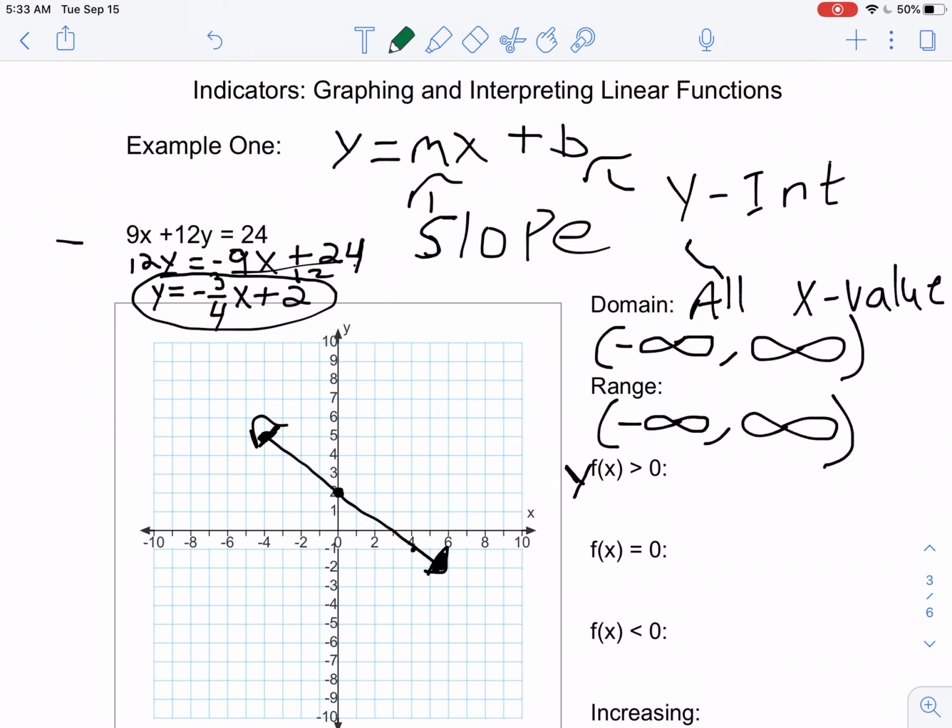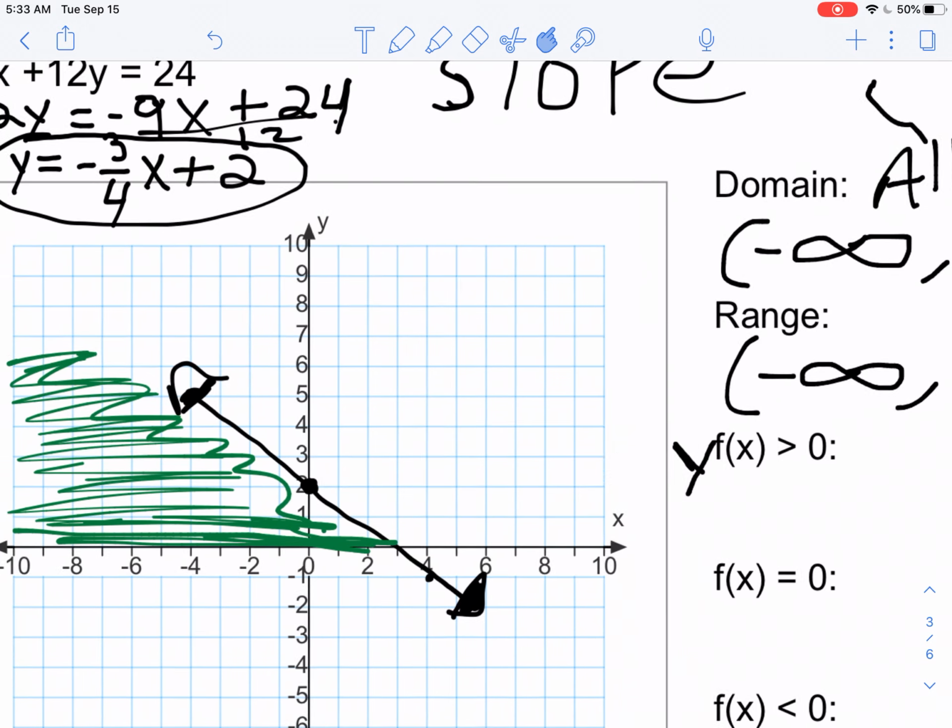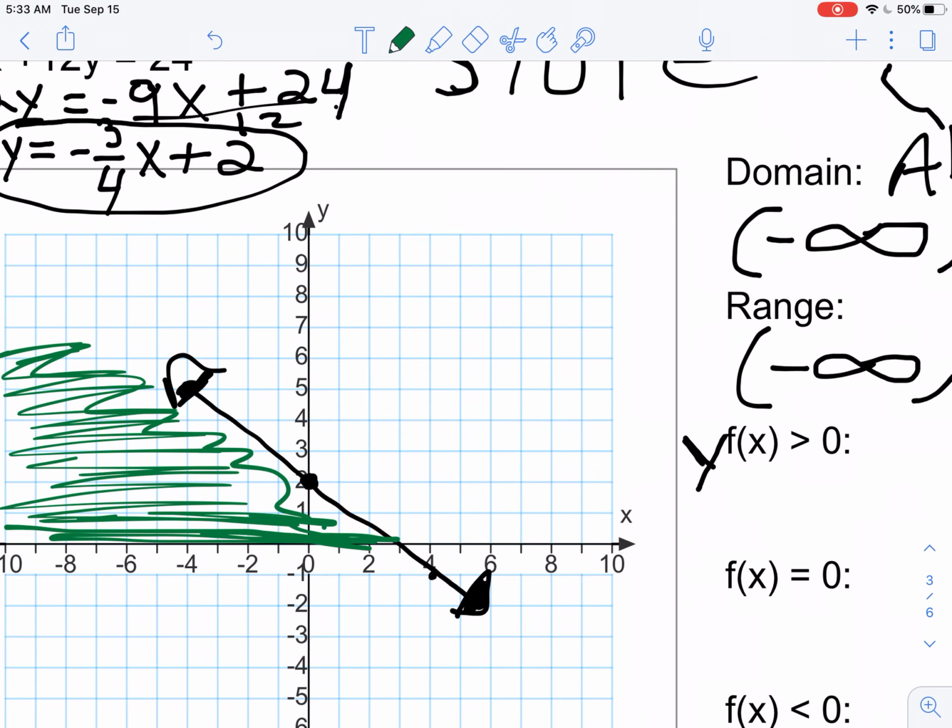Well, if we shade it, y is greater than 0 everywhere that is green. It's going to be everywhere from this point right here, because that's when y turns from being positive and greater than 0 to being 0 at 3, and then eventually it's going to become negative based on our line.